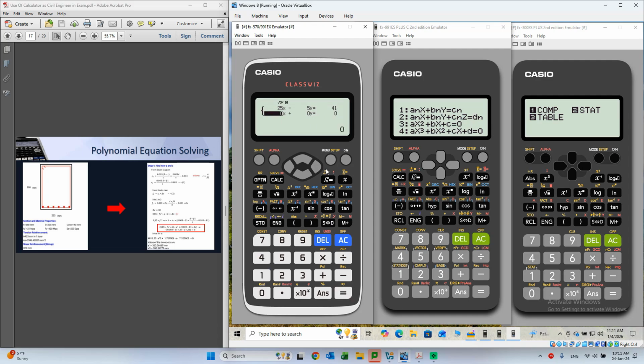That's 41. Then I'm going for the next one. I'll say 8x plus 12y supposed to be equal to, I don't know, 10. So if I press equal and again another equal, it will give me x is equal to this one, y is equal to this one. This is how these functions work. So this is simply the way it is.